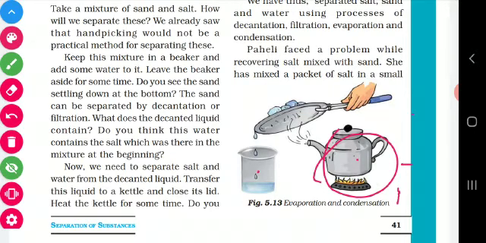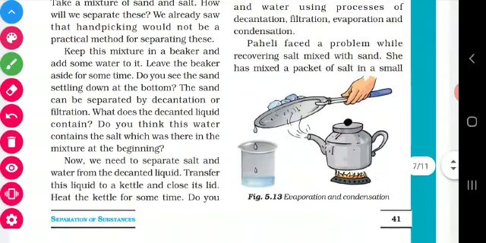First technique is sedimentation, second one is decantation, the third one is evaporation and condensation. So we have to use more than one technique to separate 2 or 3 substances in a mixture.